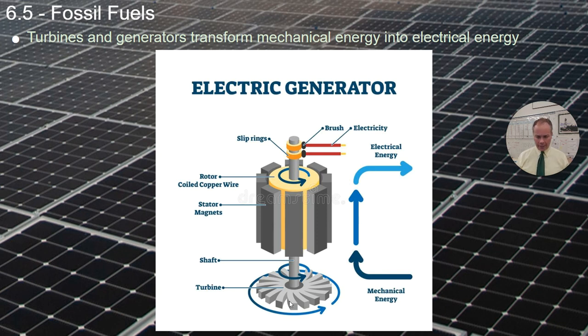So anything that spins this turbine will spin the shaft, which rotates this copper wire that's surrounded by magnets, and that process produces electricity. So a turbine and a generator are what actually produce the electricity that's used. These transform the mechanical energy of the turbine into electrical energy.